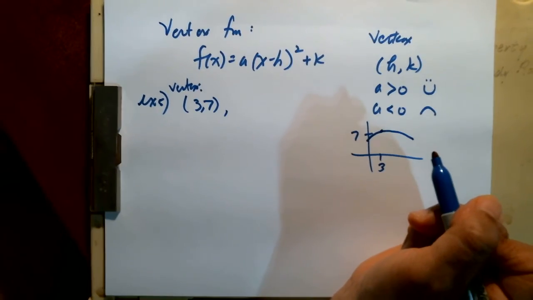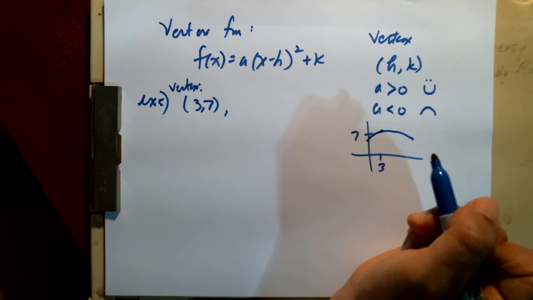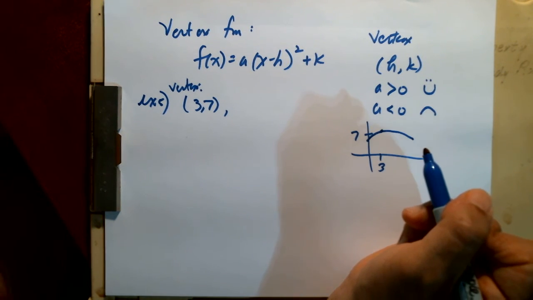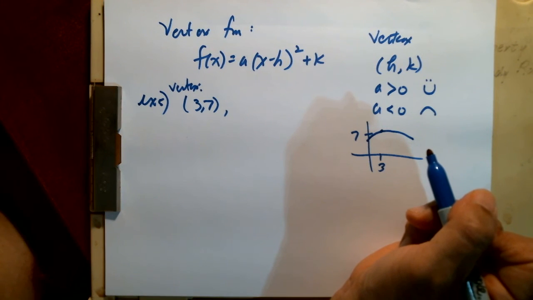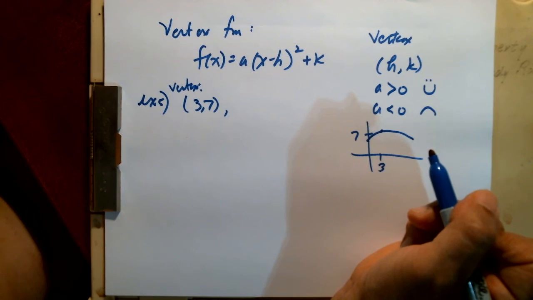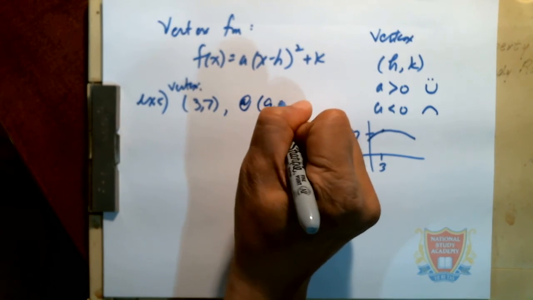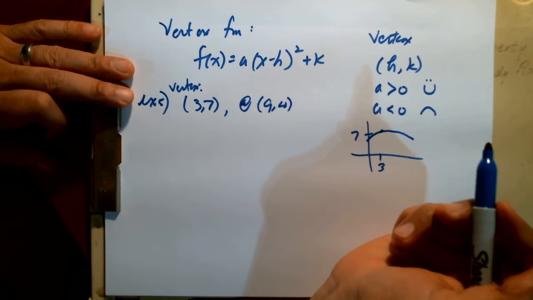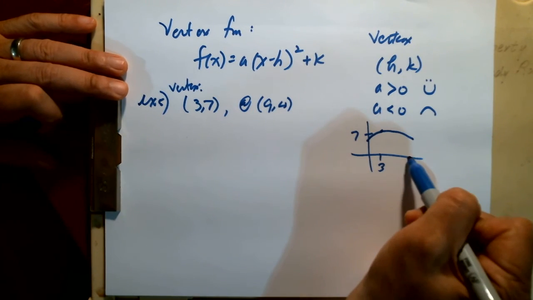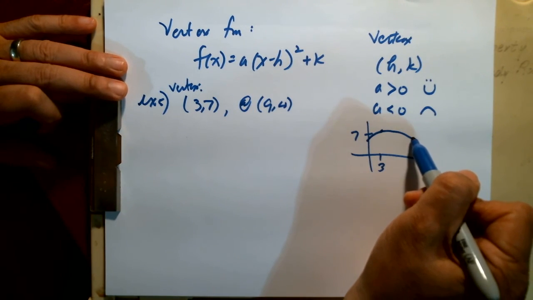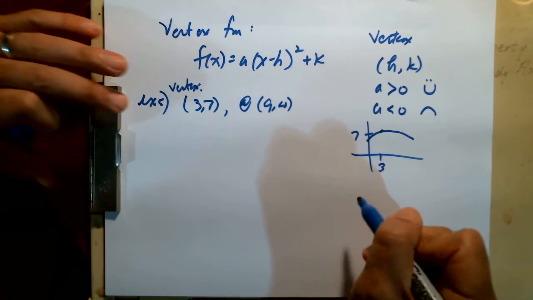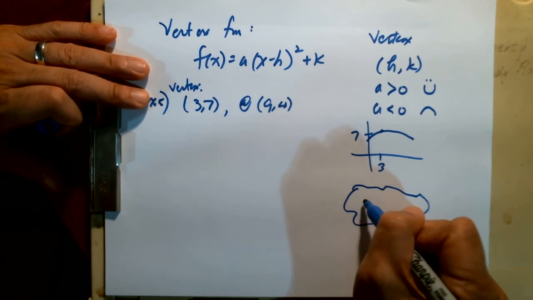And they also give you a point. And the point that they chose from the graph was 9, 4. And the way you have to eyeball it, at the x value of 9, the y value happens to be approximately 4. Well, let's do a gut check on this.